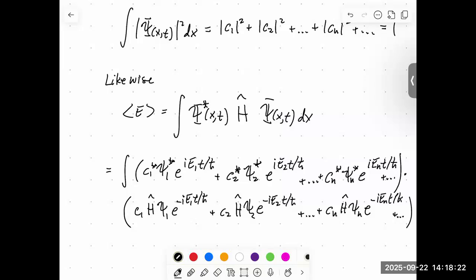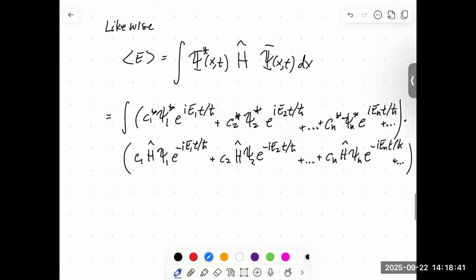What I will highlight is that what was special about these stationary states is they all had a definite energy. And the reason they have a definite energy is because they're specifically the solutions to the Hamiltonian. They're the solutions to the time-independent Schrodinger equation. And so this was E1 psi 1. And this one is E2 psi 2.